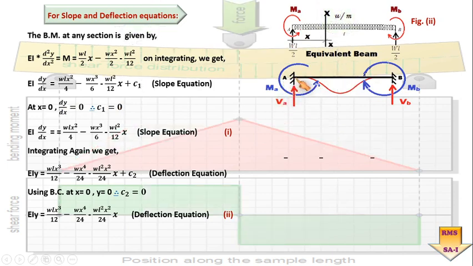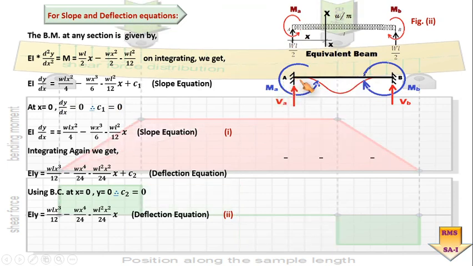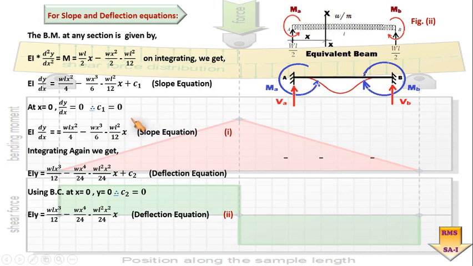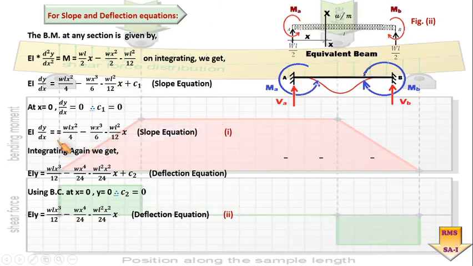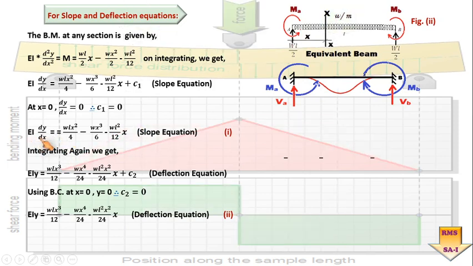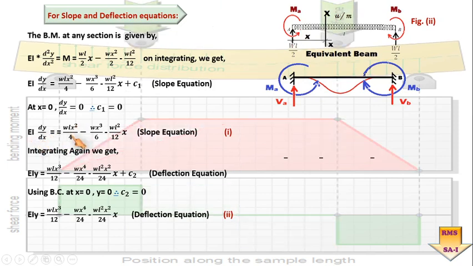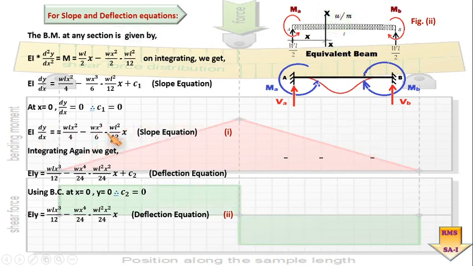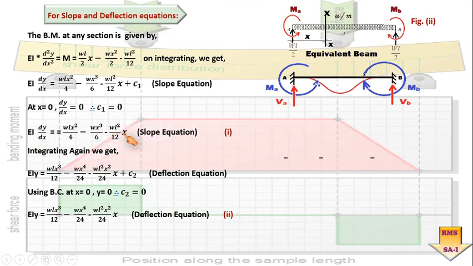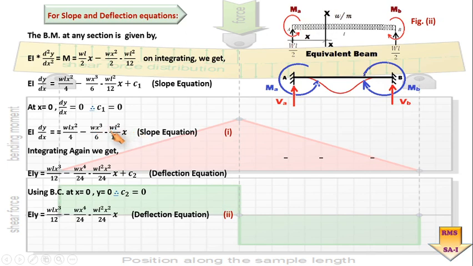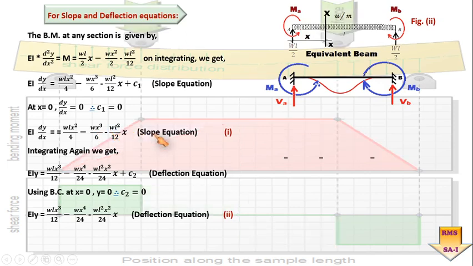So at x is equal to 0, slope is 0, therefore C1 is equal to 0. Put it in this particular equation, you will be having a new fresh equation for the slope, that is EI dy by dx is equal to W L x square by 4 minus W x cube by 6 minus W L square by 12 x. So this is the new equation of a slope.